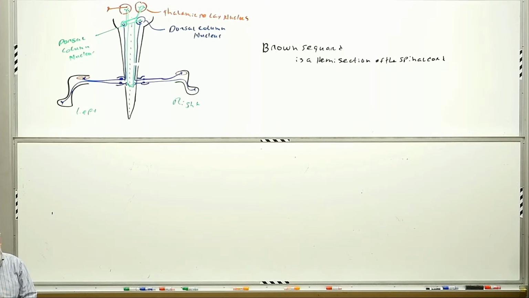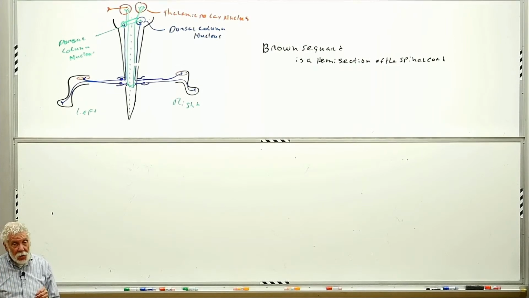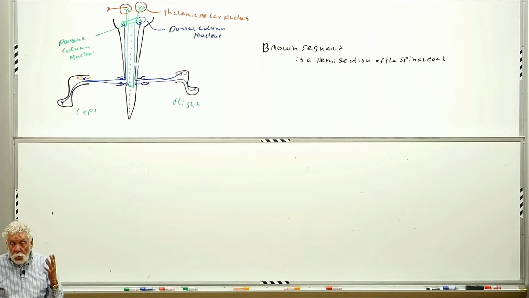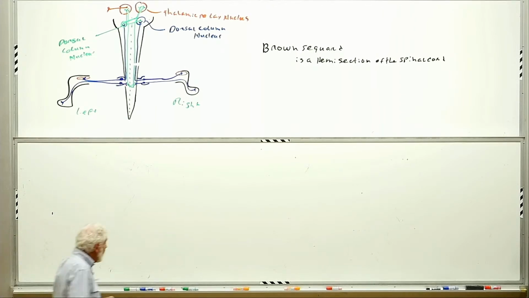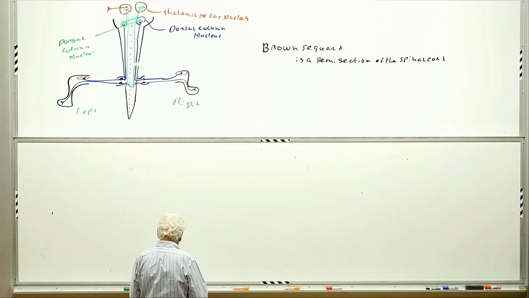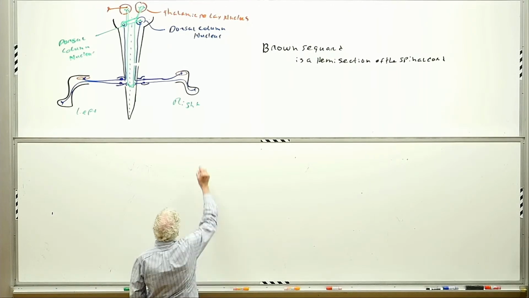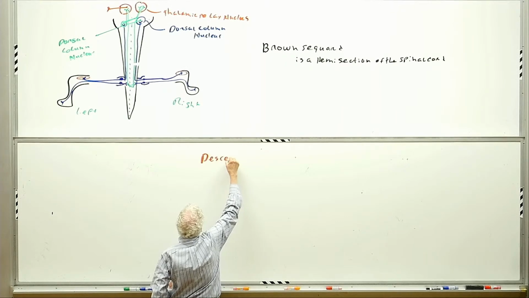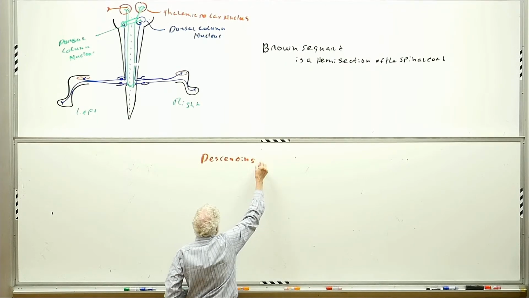In most quadrupeds, you don't see this. Most of their systems will go from something called the red nucleus in the brainstem and then activate muscles. But because we're so unusual, with this ability to very carefully regulate movements of the hand and movements of the face, we have elaborated the system. So we're going to talk about the descending motor pathways.